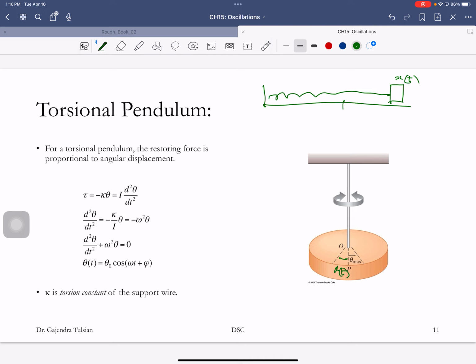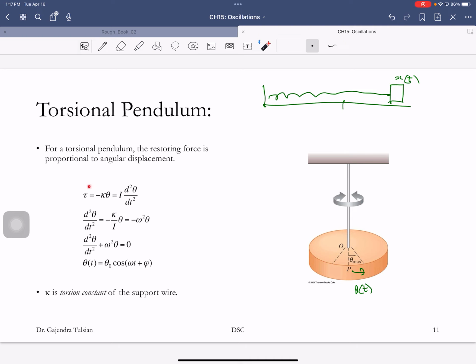Here they write maximum, but anyway, theta as a function of time. So instead of giving the position as a function of time, we'll give the configuration of the system by measuring theta as a function of time.